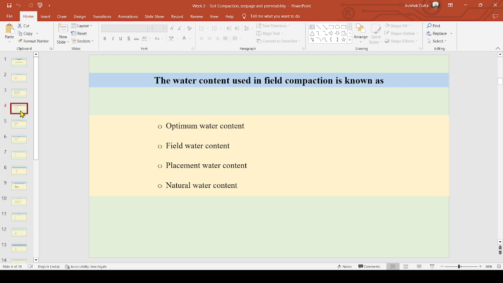I repeat the question: the water content used in field compaction is known as optimum water content, field water content, placement water content, or natural water content. Next question.